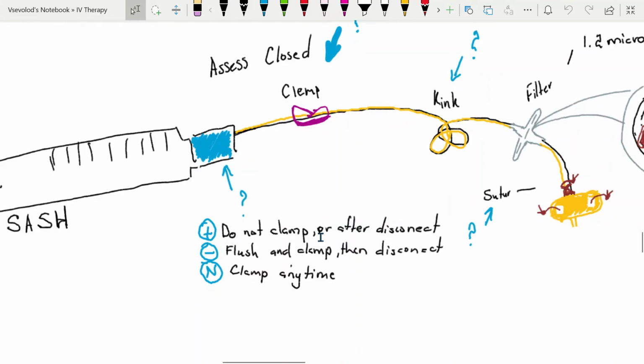So you would flush, then you would remove the syringe, then clamp. In negative pressure needleless connectors, apply pressure to the syringe barrel, close the clamp, then remove the syringe. With neutral needleless connectors, clamping sequence doesn't matter. You can clamp at any time, before or after disconnecting the syringe.